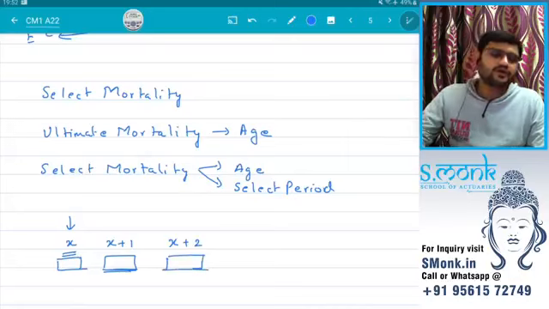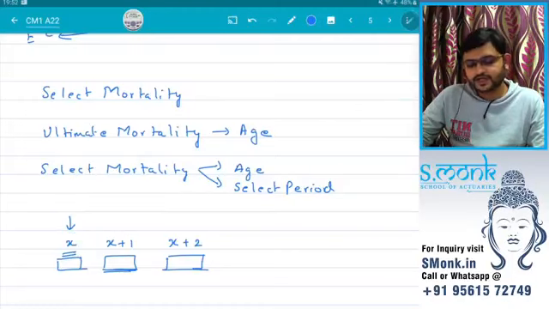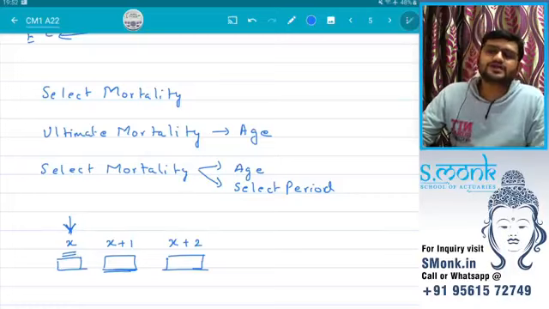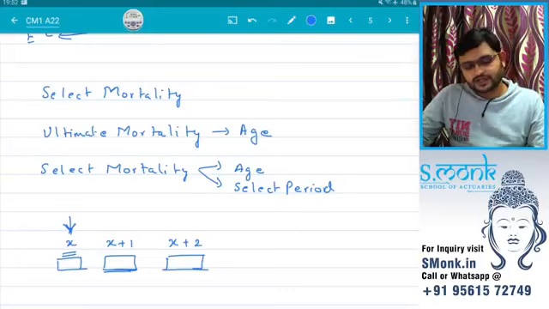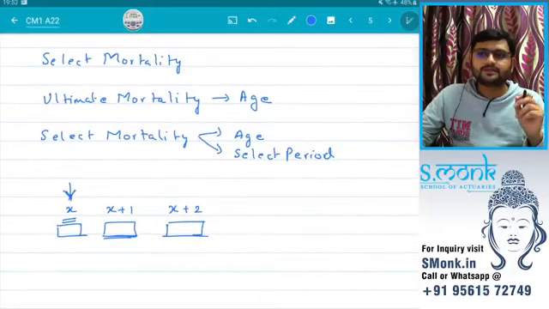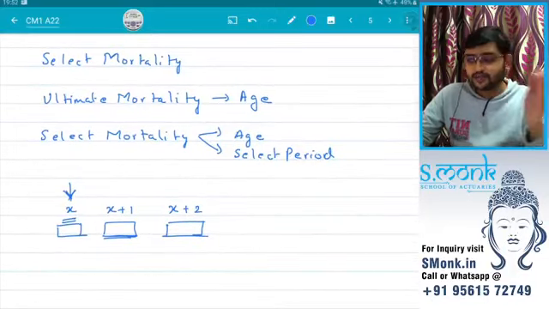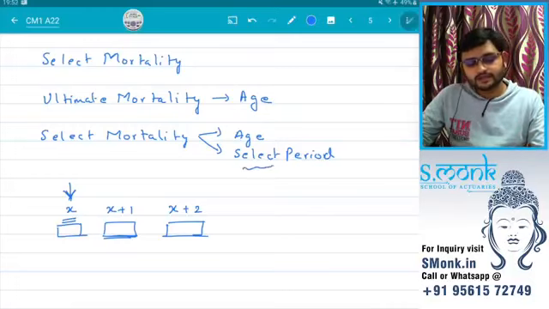After some number of years, this advantage that we had of screening might go away. The advantage of that screening that we did at age X, after some years, we'll say it is as good as if we had not done any tests or any screening. The time at which the advantage goes away is called the select period.